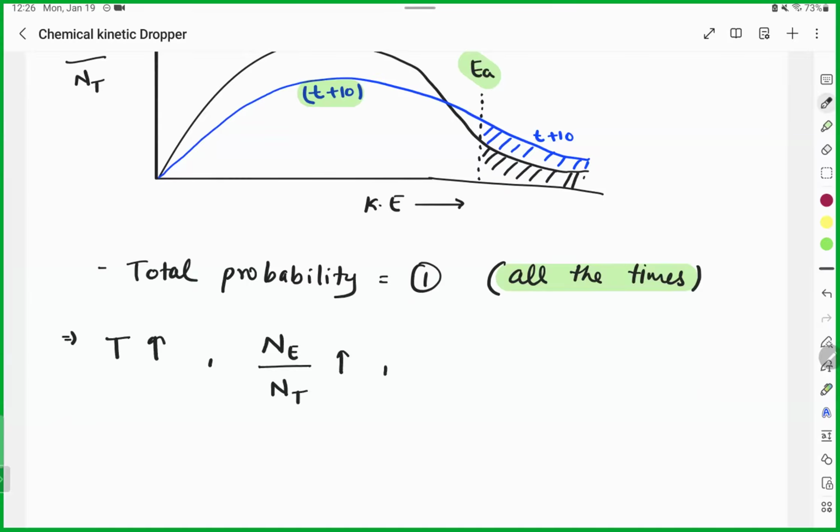And then your kinetic energy will also increase. If this kinetic energy increase is greater than the activation energy, then you will have more product. Make sense? Any doubt? More temperature, more number of particles with higher energy, more kinetic energy, more product.